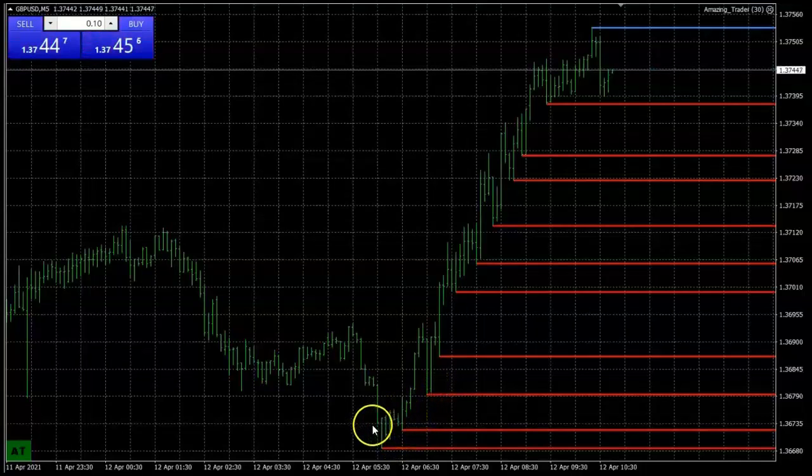What do you notice here? We have our directional indicator by these two red lines.